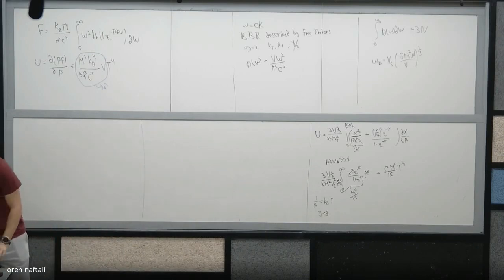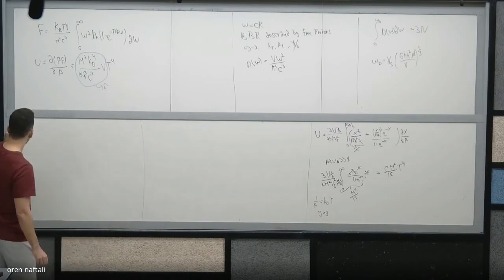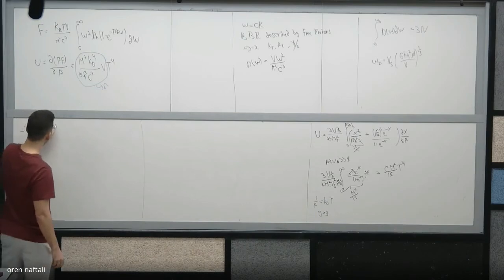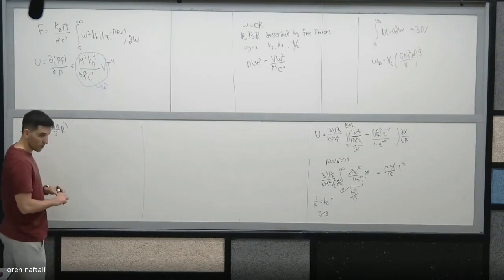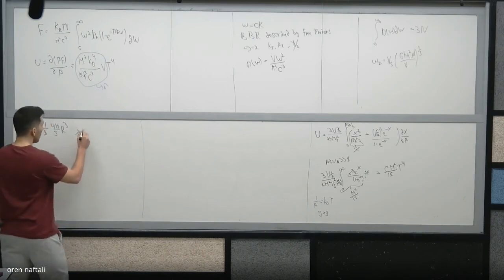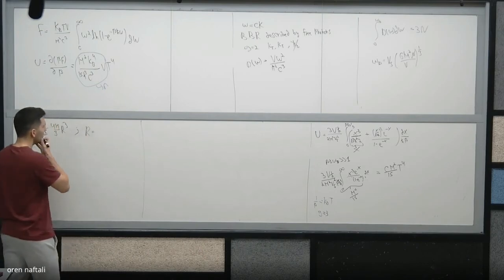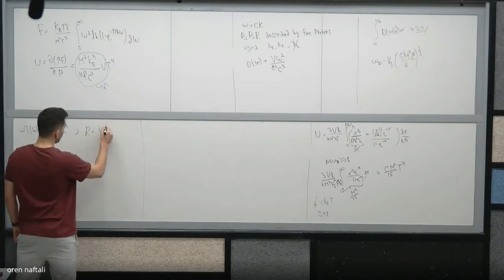Okay, so as you know, the number of states omega is just 1 over 8 times 4 pi thirds r to the power of 3, and the radius is just related to the volume.